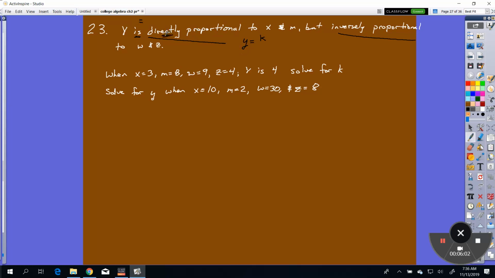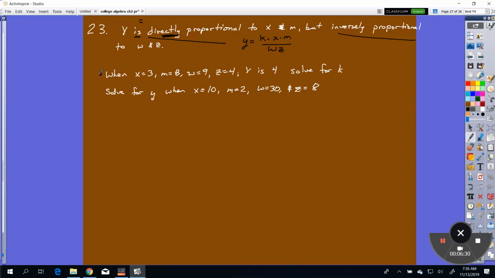If it says directly proportional, that means it's times this k up here. So it's directly proportional to x and m. It's inversely proportional to w and z. Inversely means divide. So as soon as you see inversely proportional, you're going to write a divide sign. That's the first part that you have to do, is create an equation.